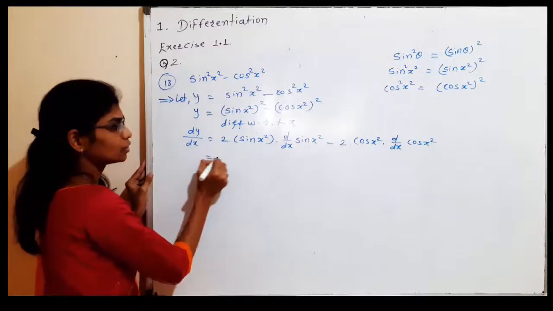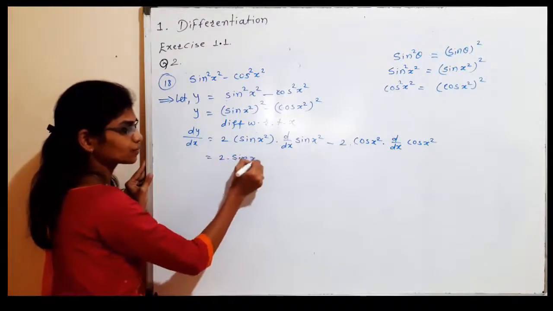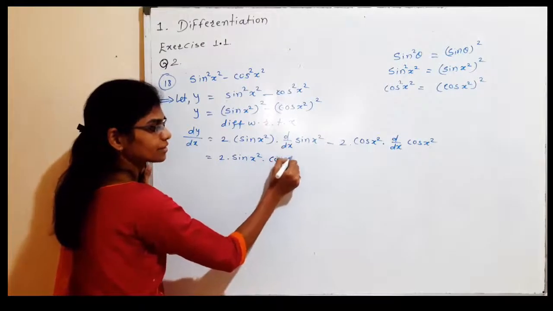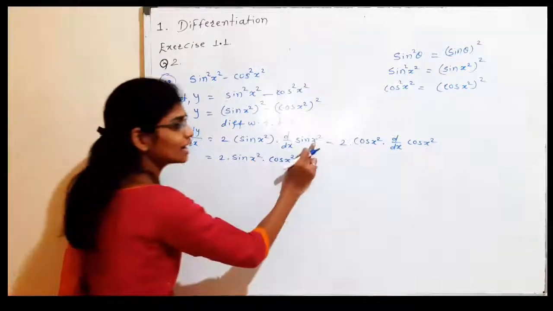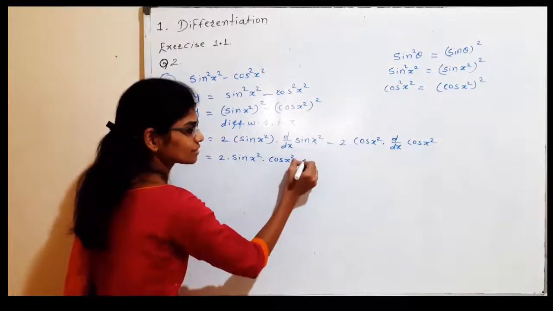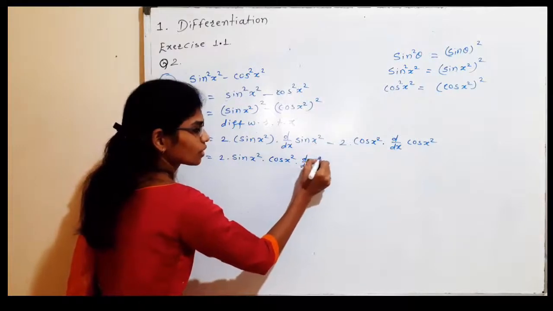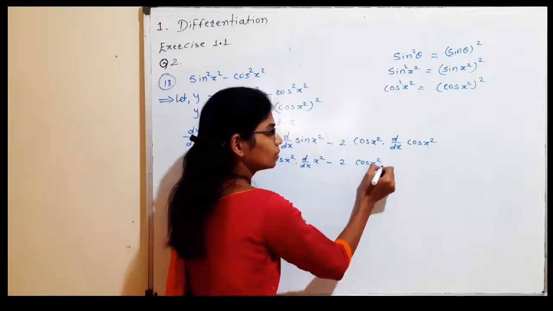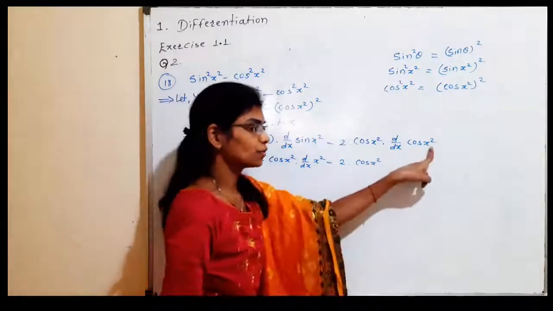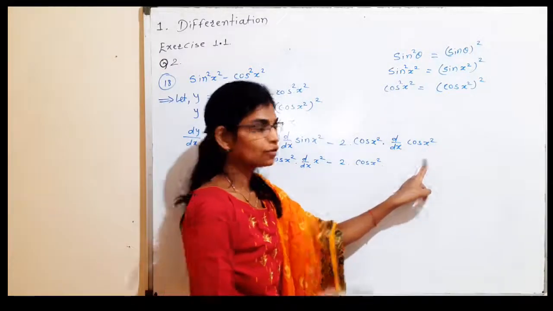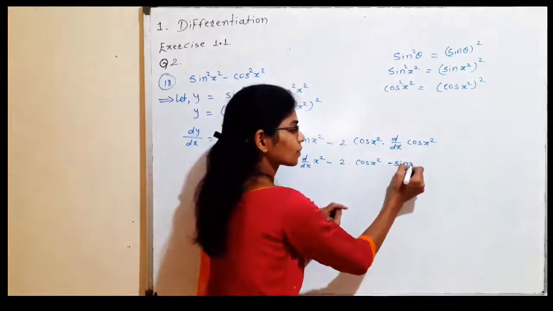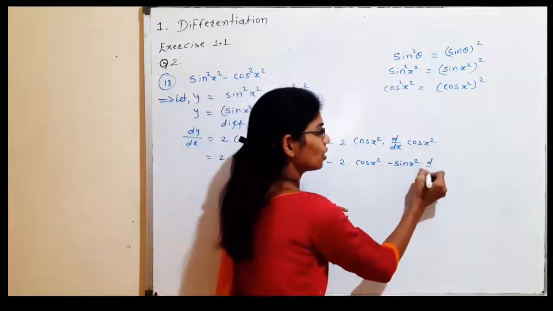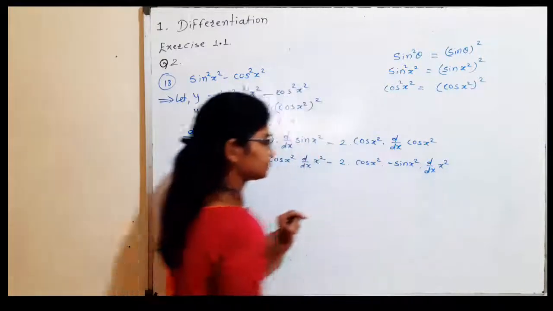At the next step, 2 multiply by sin of x square, multiply by the derivative of sin of x square, which is cos of x square, multiply by, again take the derivative of this x square, minus 2 multiply by cos x square, multiply by the derivative of cos of x square, which is minus sin of x square. Again here also you have to take the derivative of x square.